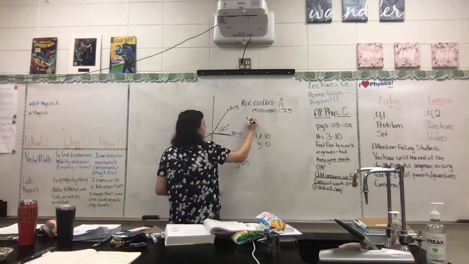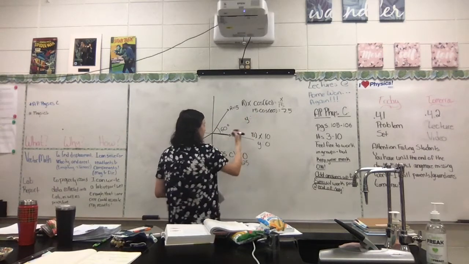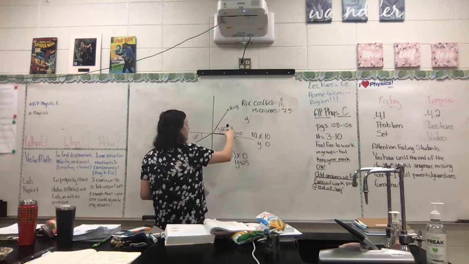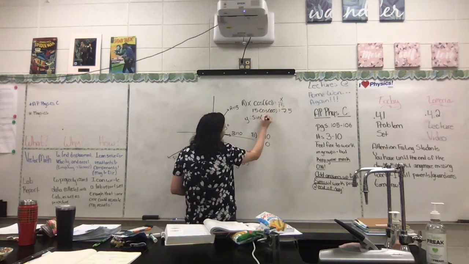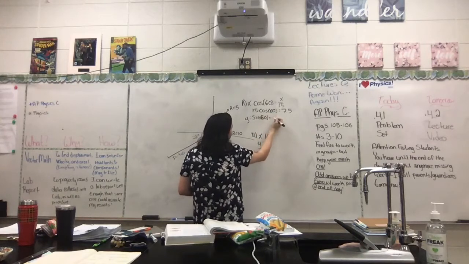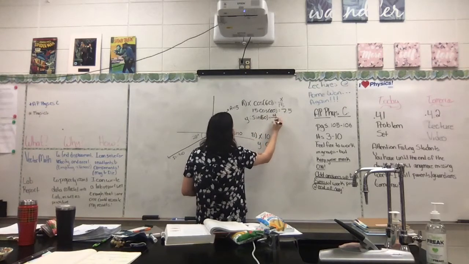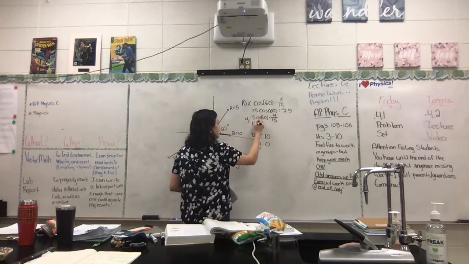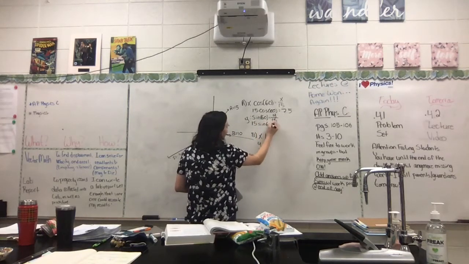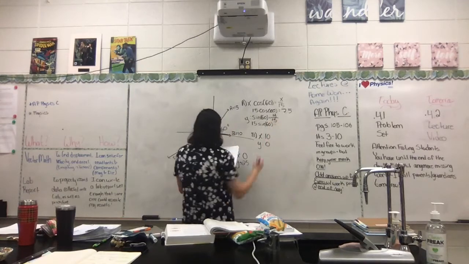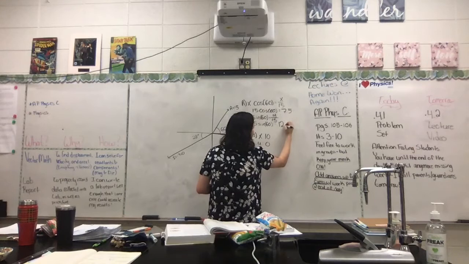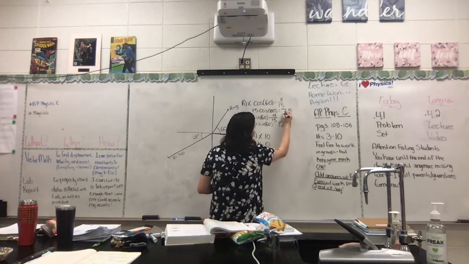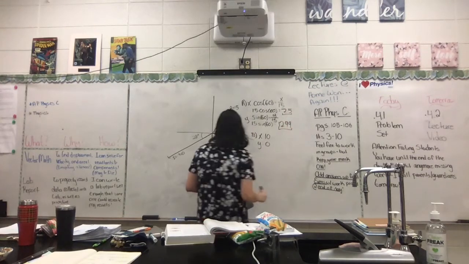Then we need to find y. The y side would be opposite of this angle 60. So the sine of 60 is equal to y, the opposite, over the hypotenuse, 15. So if we do 15 times sine of 60, we'll get that the y component is 12.99. So we just found the x and y components.